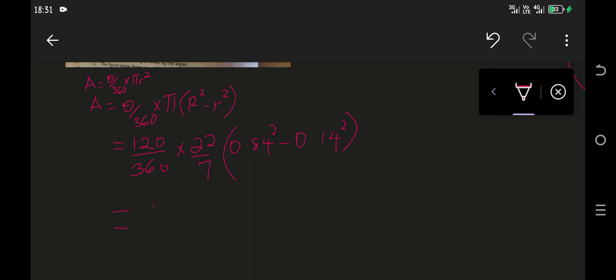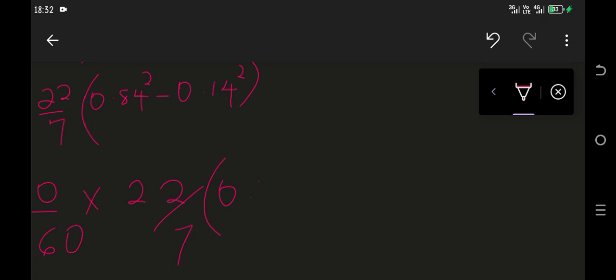You will have 120 over 360 times 22 over 7 into 0.7056 minus 0.0196.